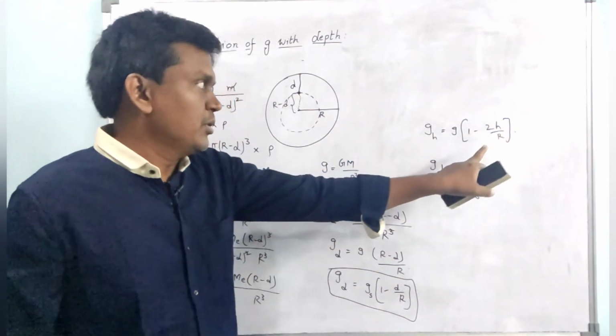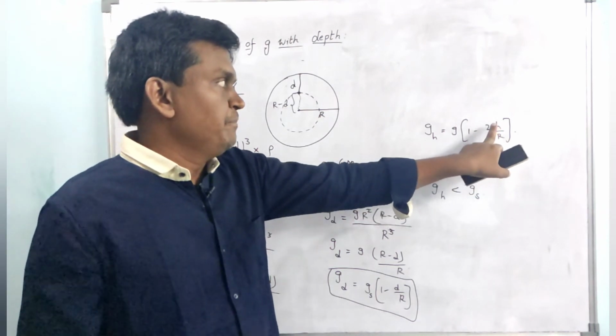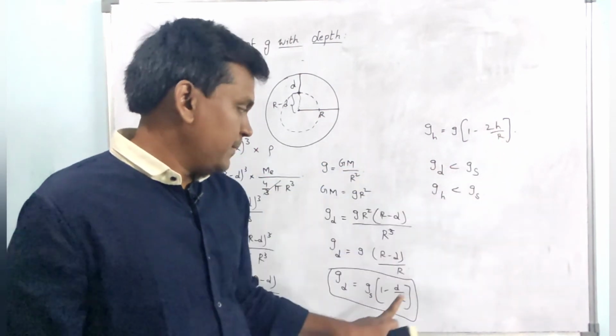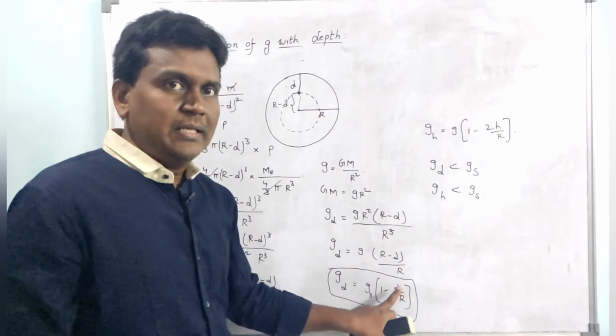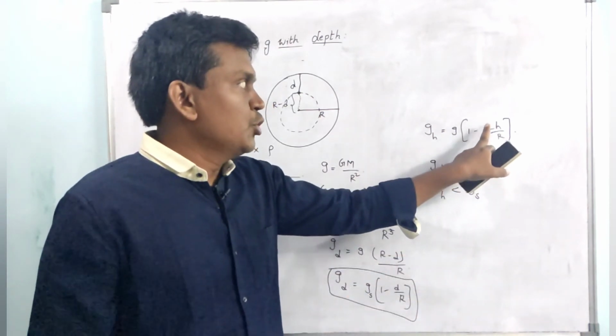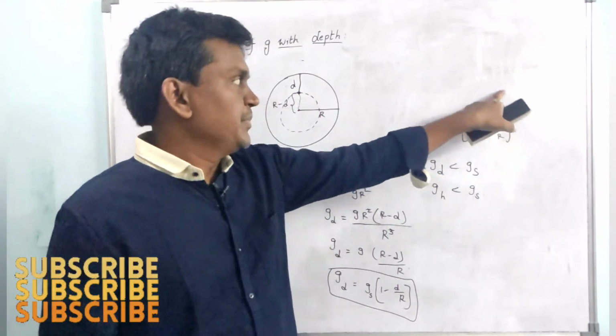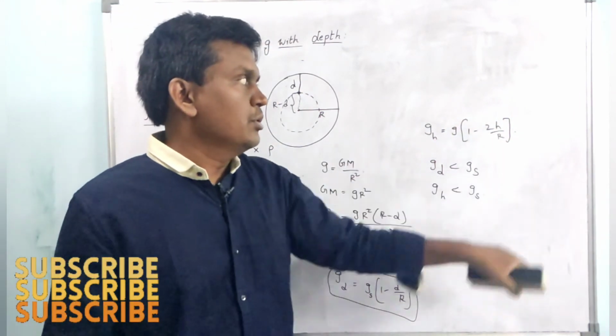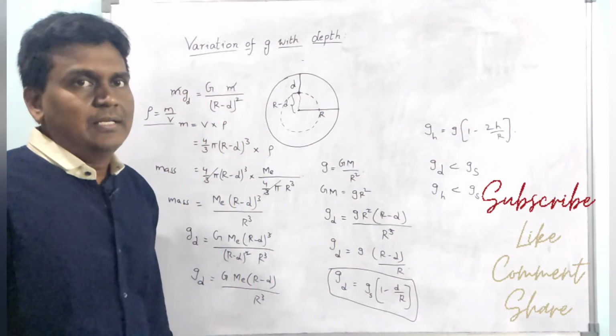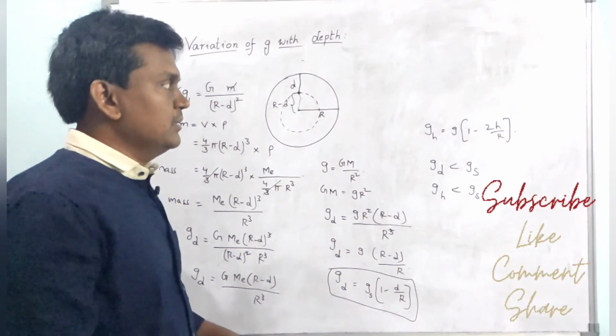Height will decrease more. The reason is 2 into h by R here, and only d by R there: 10 by R there, and here 2 into 10 by R. So the gravity will decrease more due to the increase in height.